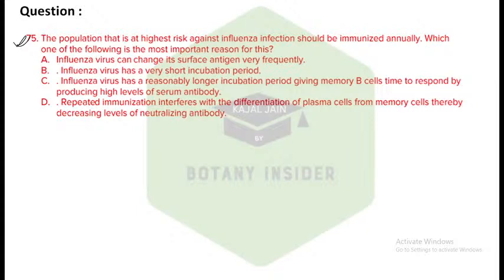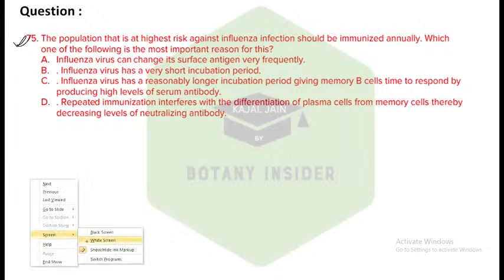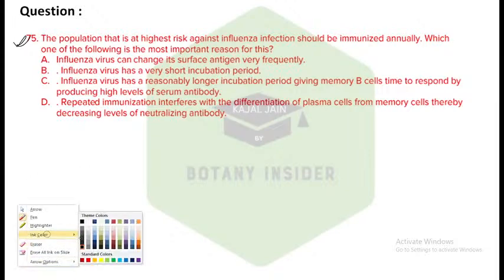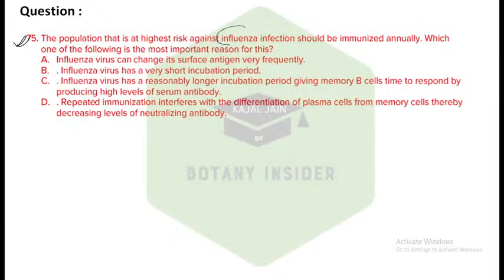Okay, let's see. The question is saying the population at the highest risk against the influenza infection should be immunized annually. Which of the following is the most important reason for this? First one is influenza virus can change its surface antigen very frequently. Second option, influenza virus has a very short incubation period.